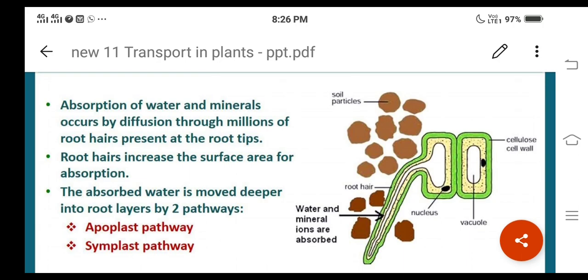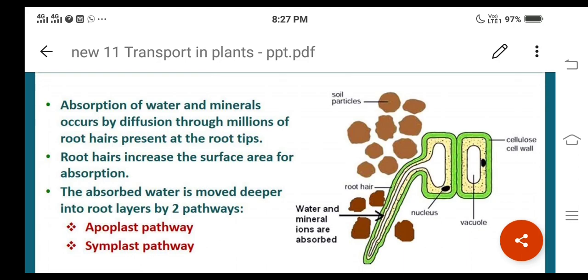In the diagram you can observe the plant cell vacuole, then the cellulosic cell wall, and one epidermal cell extended to form the root hair. From the root hair, water and mineral ions are absorbed.